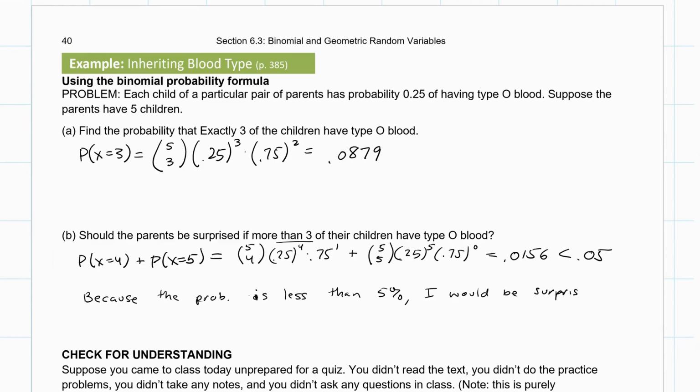Now we need context that there are more than three type O blood children. All righty.